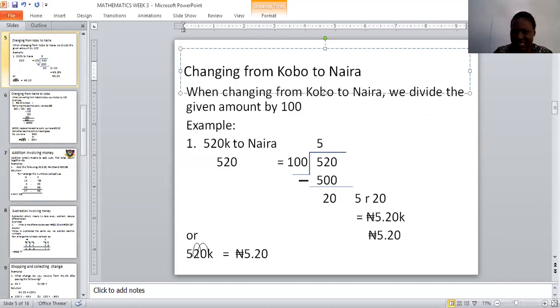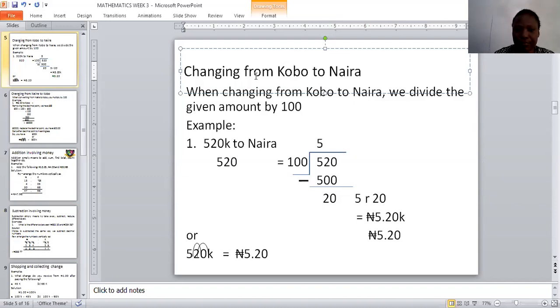You must have learned this in your lower classes, even as primary 1, primary 2. I'm just trying to do an introduction to bring to remembrance. When changing from kobo to naira, we divide the given amount by 100.